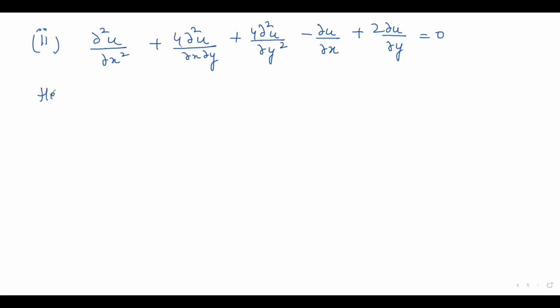So here A is the coefficient of del square U upon del X square. So that is 1. B is the coefficient of del square U upon del X del Y. So that's 4. C is the coefficient of del square U upon del Y square. So this is what all you need. So here let us calculate delta. Sorry, this is B square.